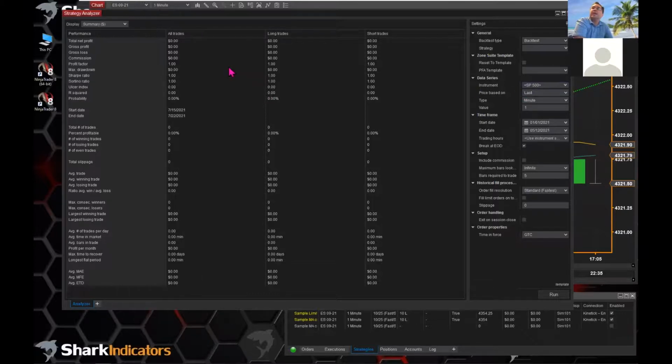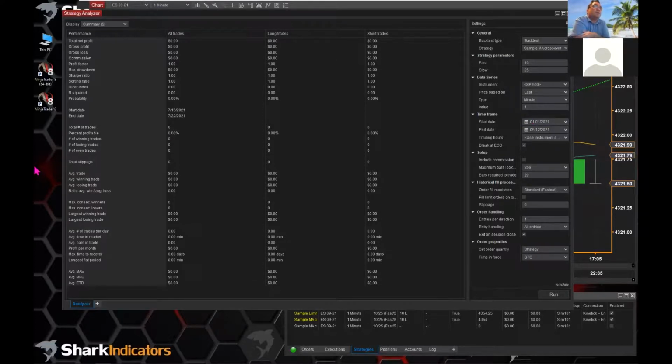And so the strategy analyzer will backtest all of those instruments using whatever system you want to pick here. So if we wanted to backtest that sample moving average crossover, there you go. All right, let's see what other questions we have here.